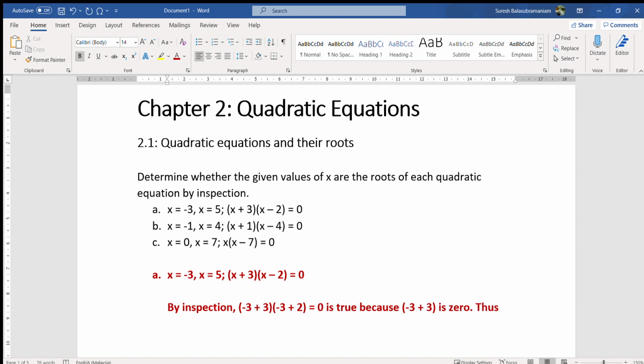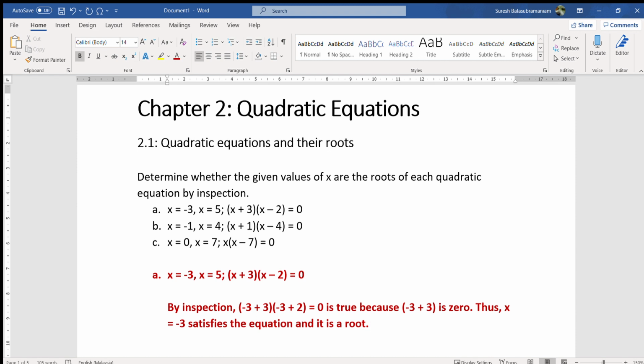Thus x equals -3 satisfies the equation and it is a root. That's how we do it by inspection.